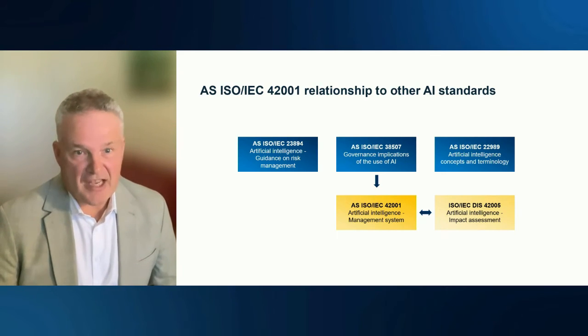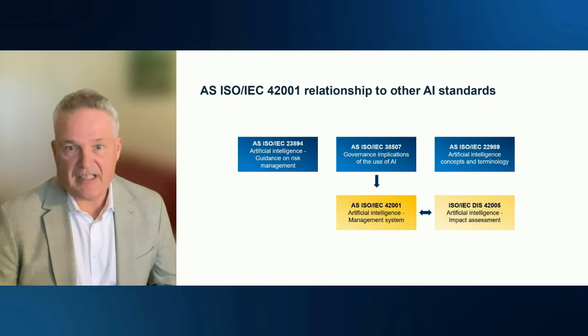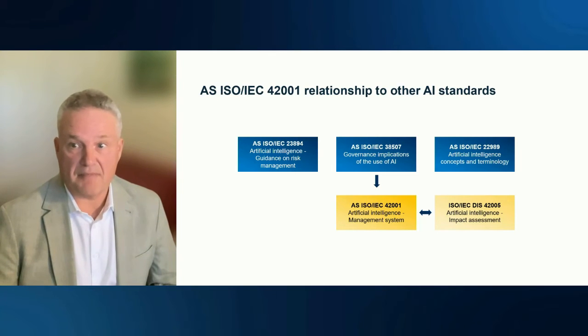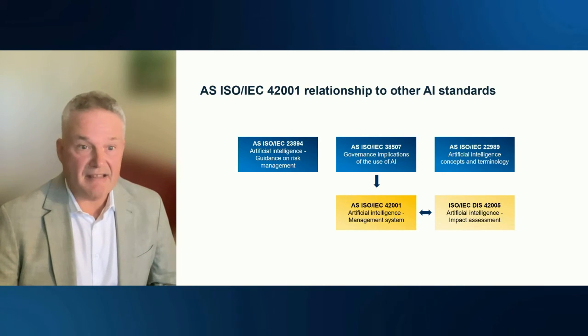AI management in general and global AI regulation in particular requires active risk management. So one of the major inputs into 42001 provides guidance on risk management. And that standard itself is based on the widely adopted ISO risk management standard 31000.